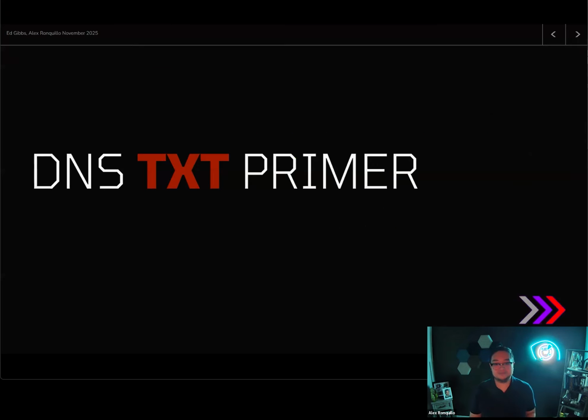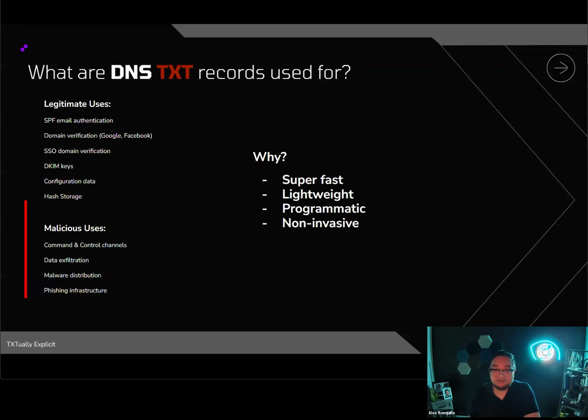So first, text records. Let's do a little primer. Text records are used for a lot of things: email verification, domain ownership verification, sometimes just storing values and hashes. As we'll see today, apparently also just so you can write whatever you want for any reason.